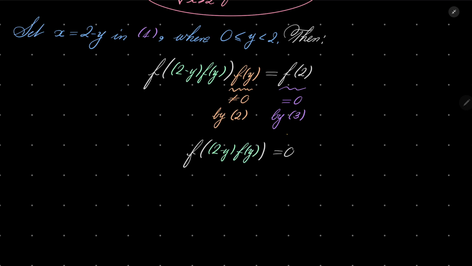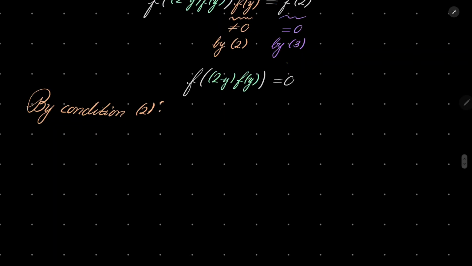Alright, and now I will use condition 2 once again. Condition 2 says that if the argument of our function is less than 2, the value is not 0.